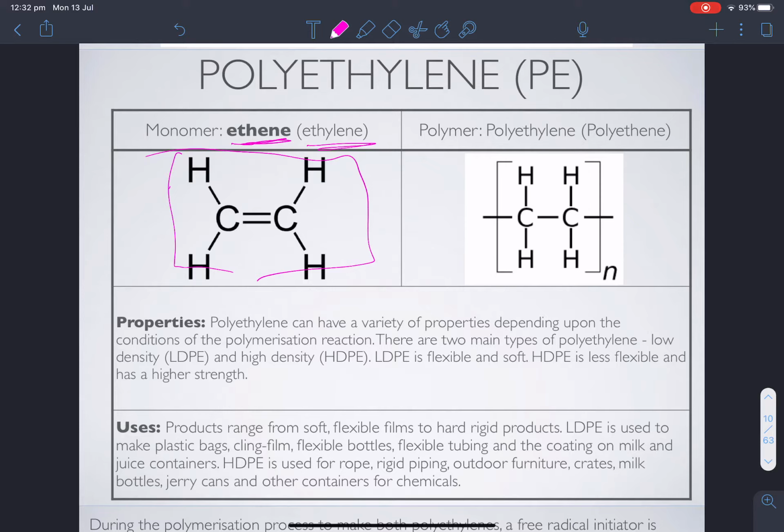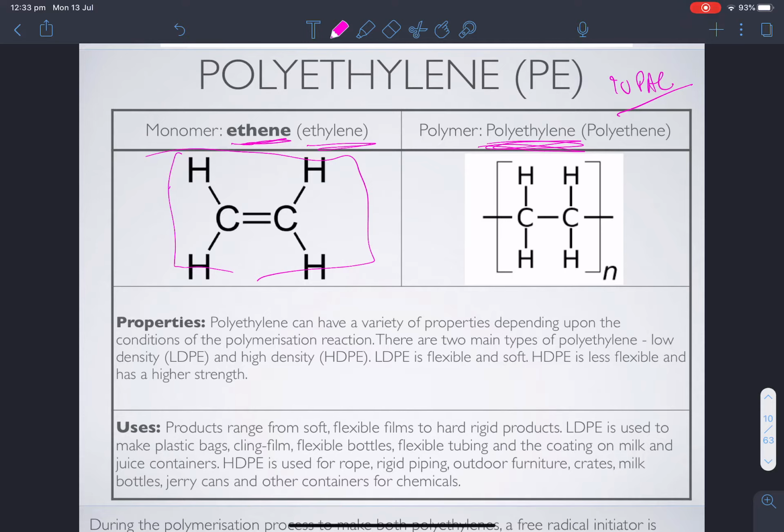When that polymerizes, you form, the correct name is polyethene. I know that's annoying. I would prefer to call it polyethylene, but the IUPAC wizards, as I call them, have said, no, we're going to call it polyethene.